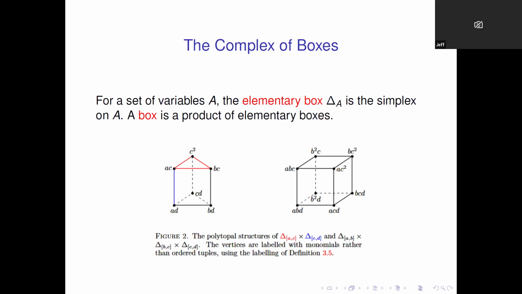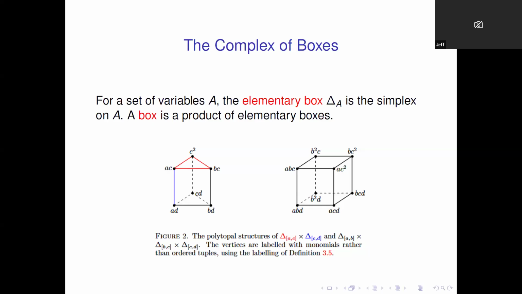So this figure is stolen from our paper. On the left, we have a box which is the product of the box on A, B, and C, that's in red on the left, and the box on C and D, that's in blue on the left. And so their product is a triangular prism.